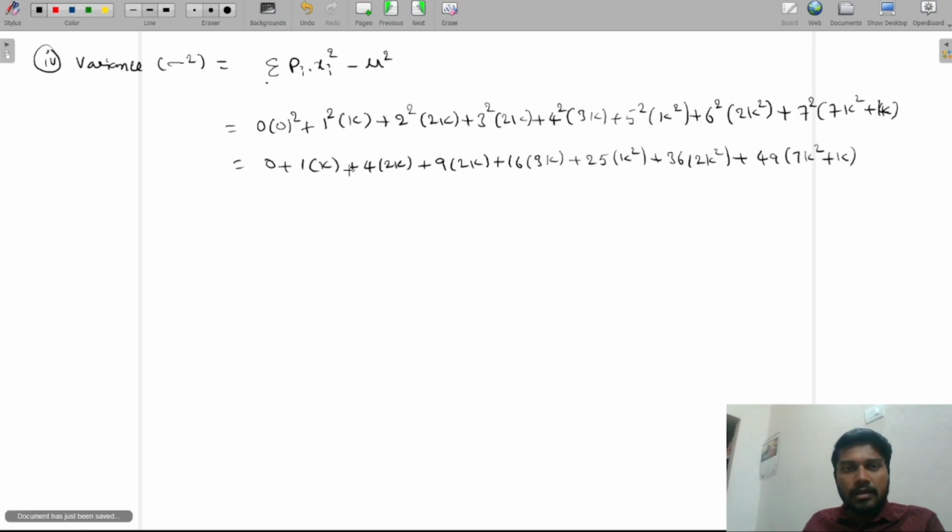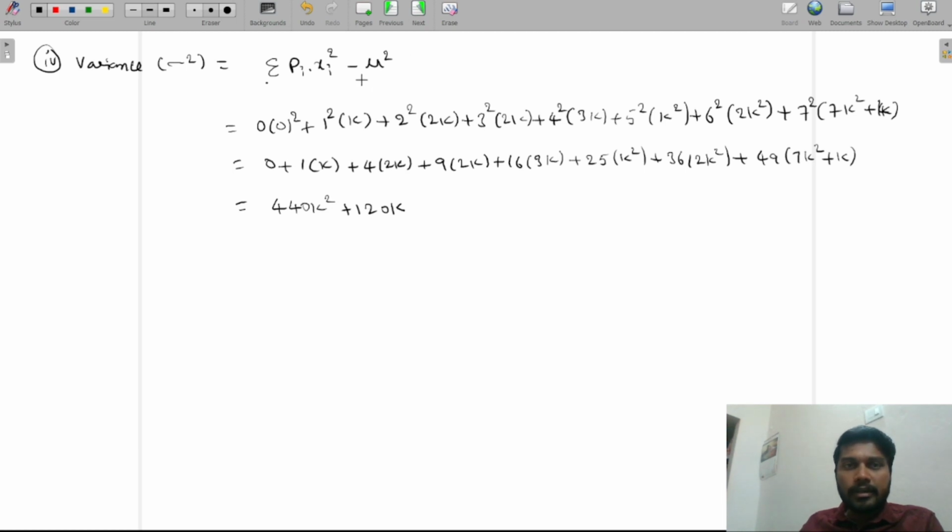So now again I have to multiply all these values inside, then by adding all the values, I'm getting the solution of this: 440 k square plus 120 k. See, this is the value I'm getting by adding.